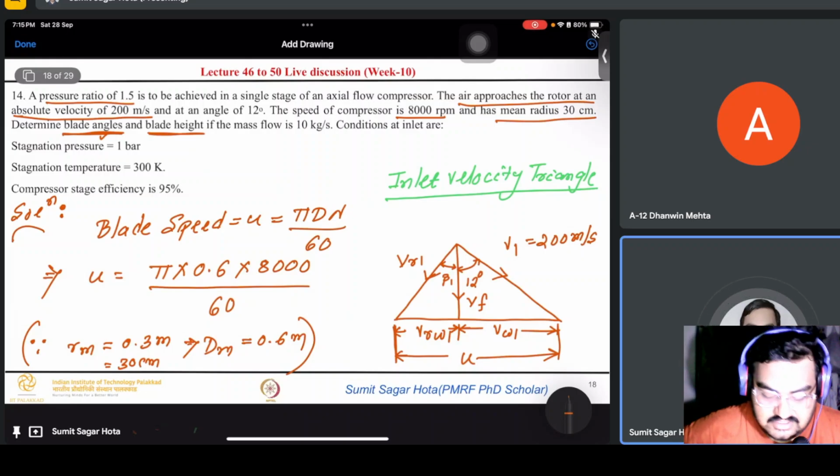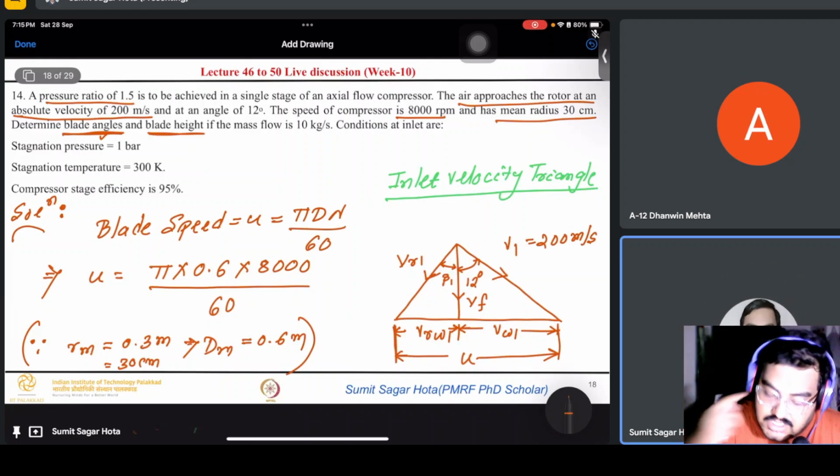From that d2 square minus d1 square we can calculate, because d2 square minus d1 square is equal to d2 plus d1 into d2 minus d1. We need the d2 minus d1 term, because d2 plus d1 by 2 is the mean.